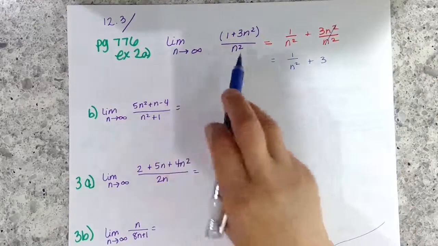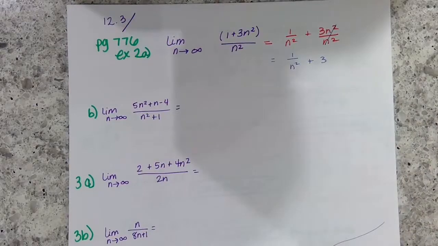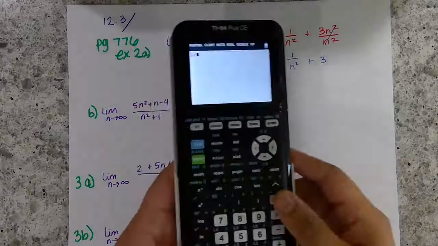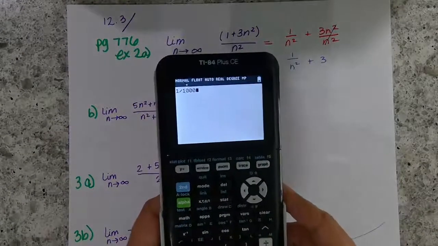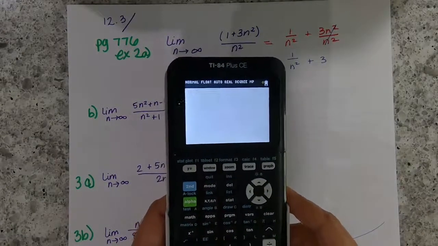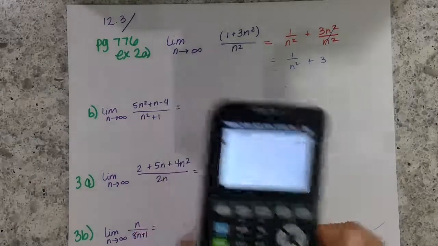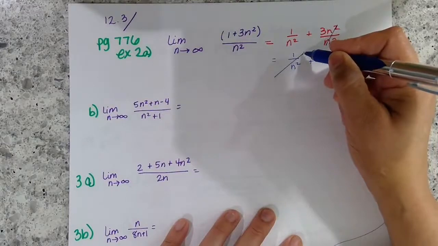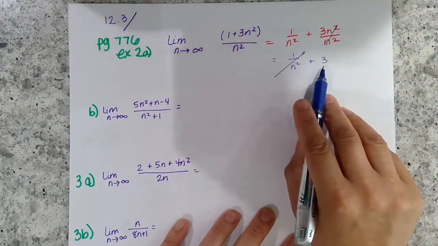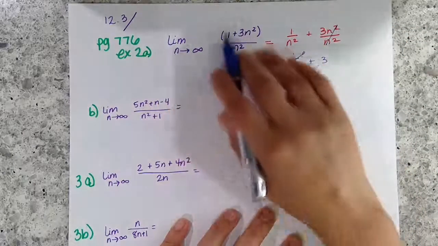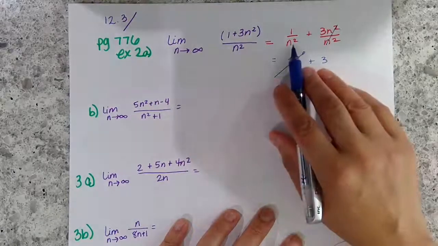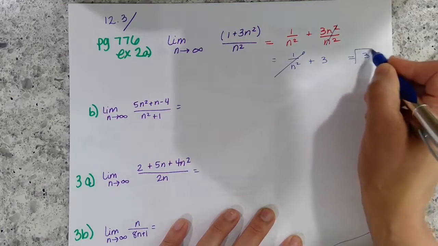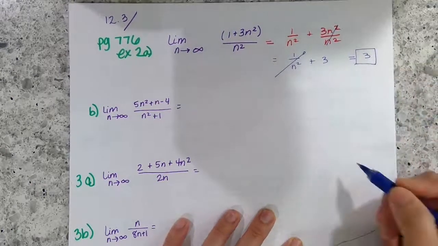If n goes to infinity, I just think of a big number, like 1,000, a million. 1 divided by 1 million, a bunch of zeros, is going to be such a small number that it's almost irrelevant. So we say that this goes to 0. And then you have the number 3. So the limit of this as it goes to infinity, these become negligible, so your answer is 3. It actually approaches the number 3.